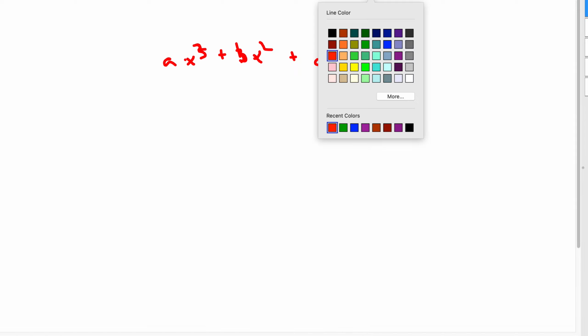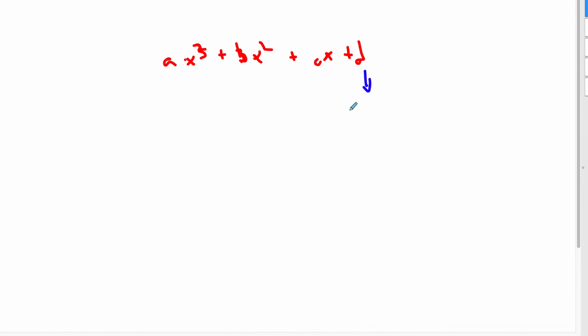So some sort of cubic, there are going to be factors of this, and there are going to be factors of this. So the possible rational zeros would be related to the factors of the constant term divided by the factors of the lead coefficient.